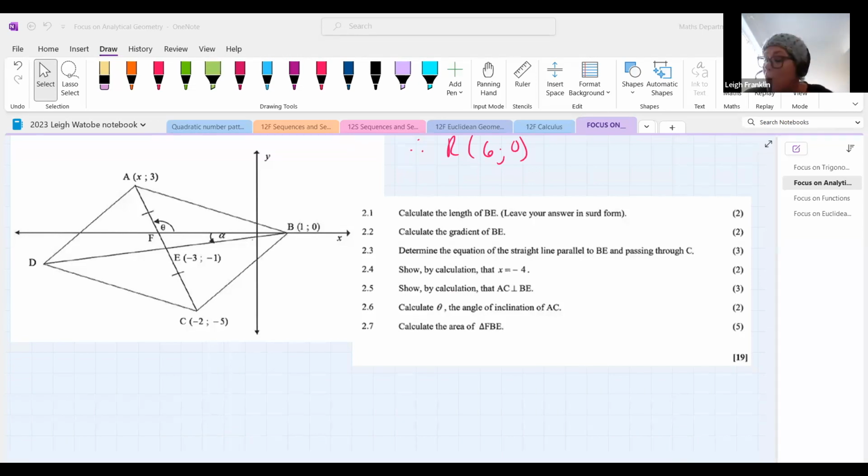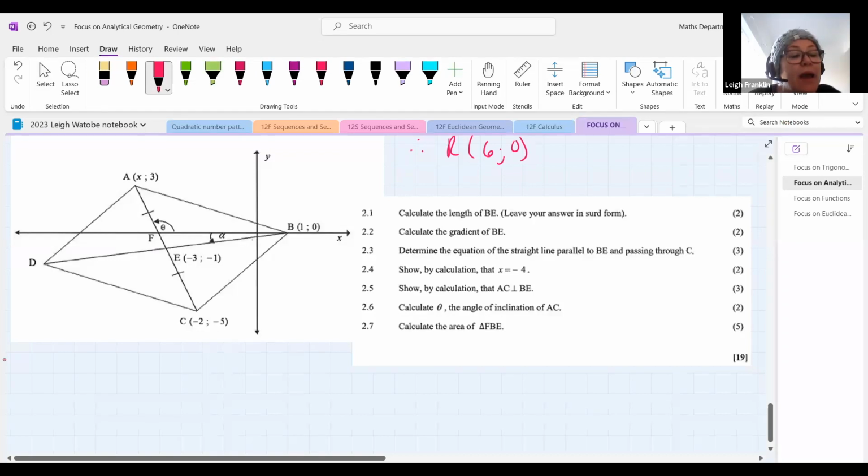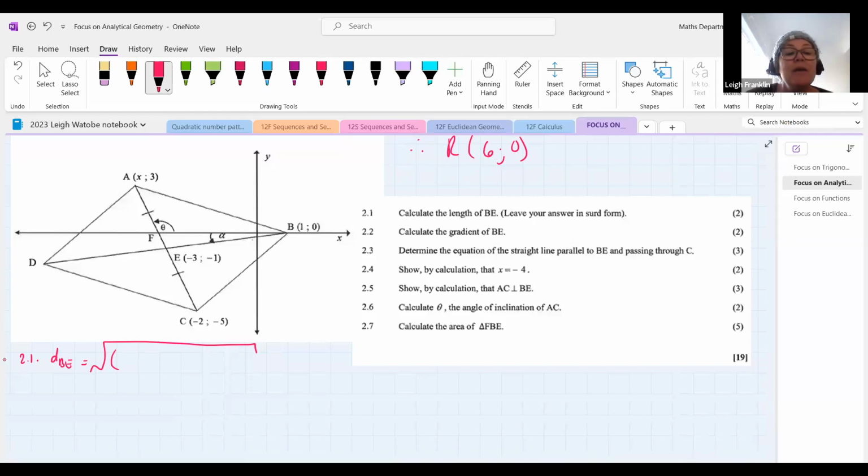In 2.1, we would get, let's just try and do this as fast as we can. Unfortunately, we always need what we've previously calculated going forward. Okay, so the length of BE, we would sub in our coordinates, and then -1 minus 0, and we should be getting root 17 as our answer.